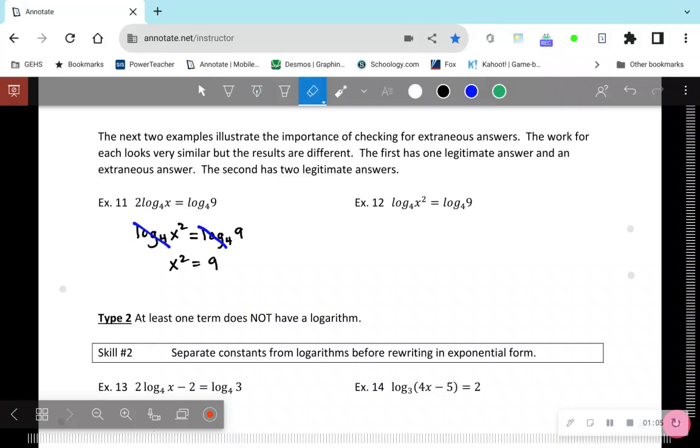And that takes us to x squared equals 9, which if you square root both sides and take into account the positive and negative answers, gives 3 or negative 3. The negative 3, however, does not work in the original problem. So I've labeled it as extraneous and crossed out the equal sign.